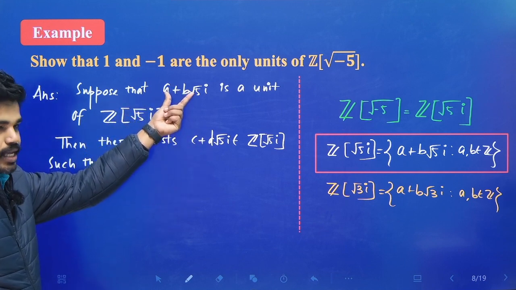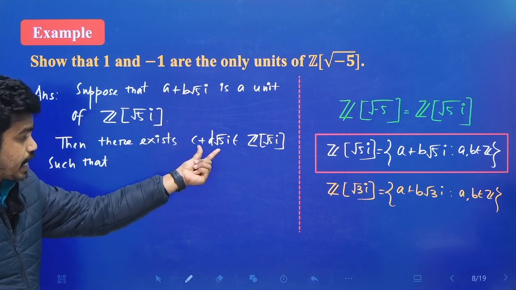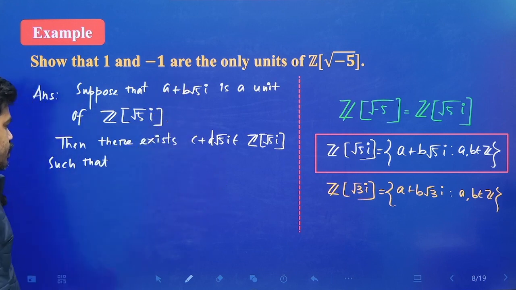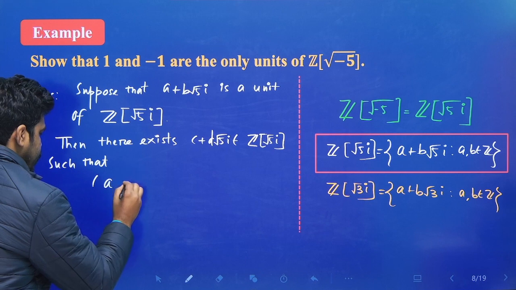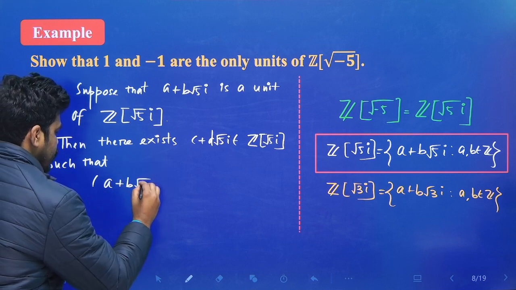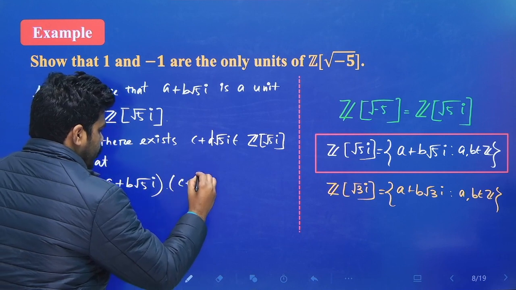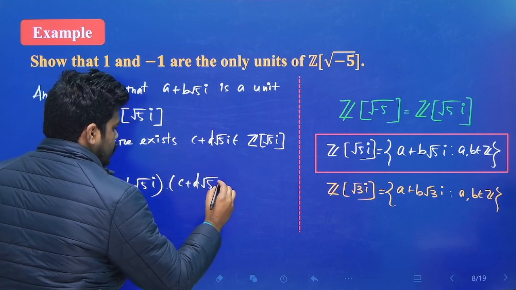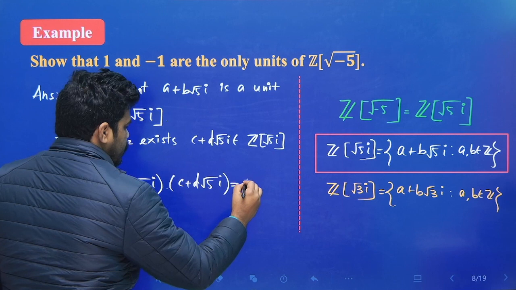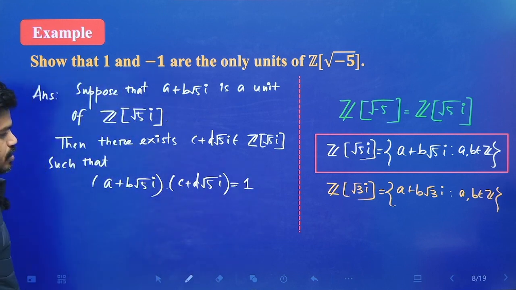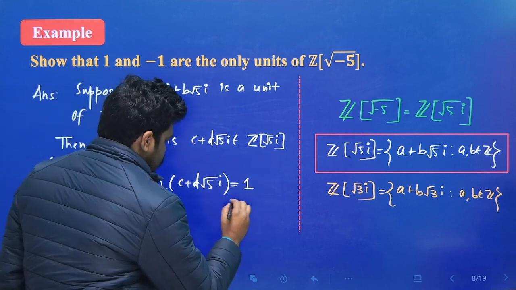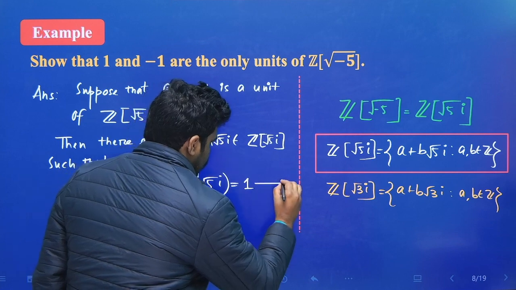An element a is said to be a unit element if there exists another element b such that a dot b is equal to 1. So such that a plus b root 5i into c plus d root 5i is equal to 1.